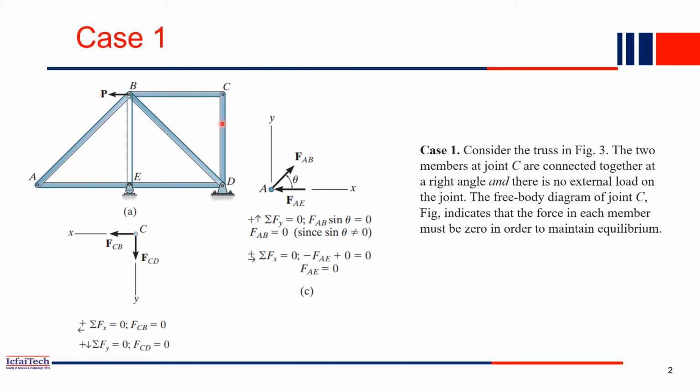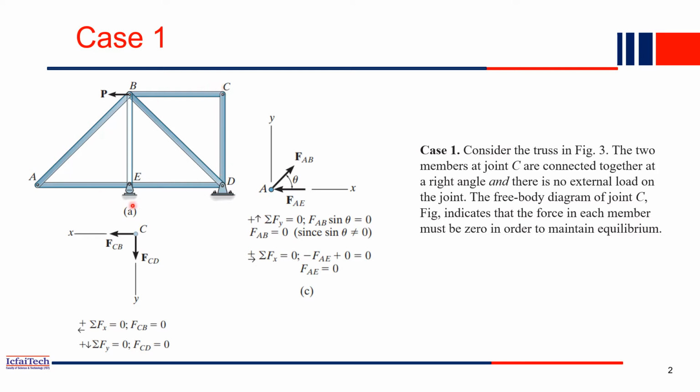Now the question is, why will some members have zero force? Because of the stability of the structure. During the construction phase, load may come in any direction, at any point of the structure, so that stability should be there for the construction. But after application of load, maybe some joints don't have an external load.